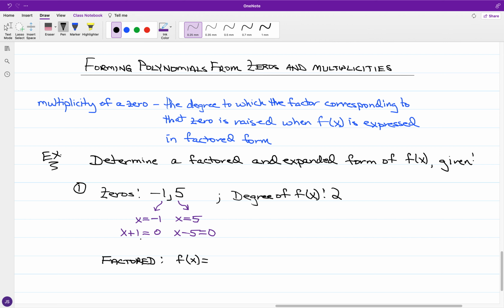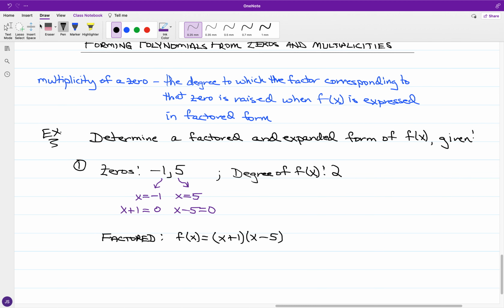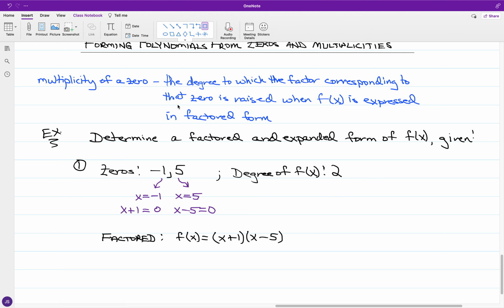So factors, we can say will be x plus 1 and x minus 5. Okay, so if I were to set this function equal to 0, well, if x plus 1 is 0, we got x at -1. If x minus 5 is 0, well, we got x back at 5. So we have one factored form of f of x with these zeros.